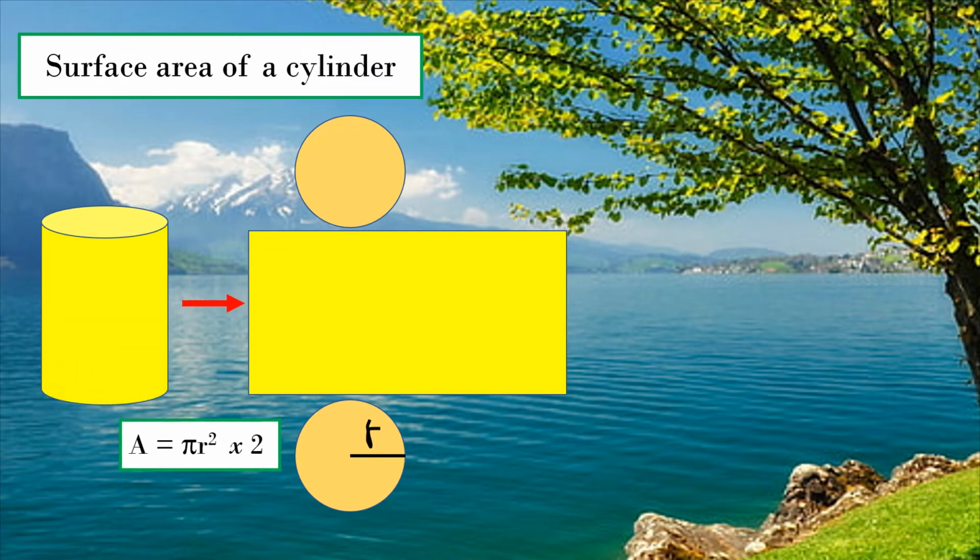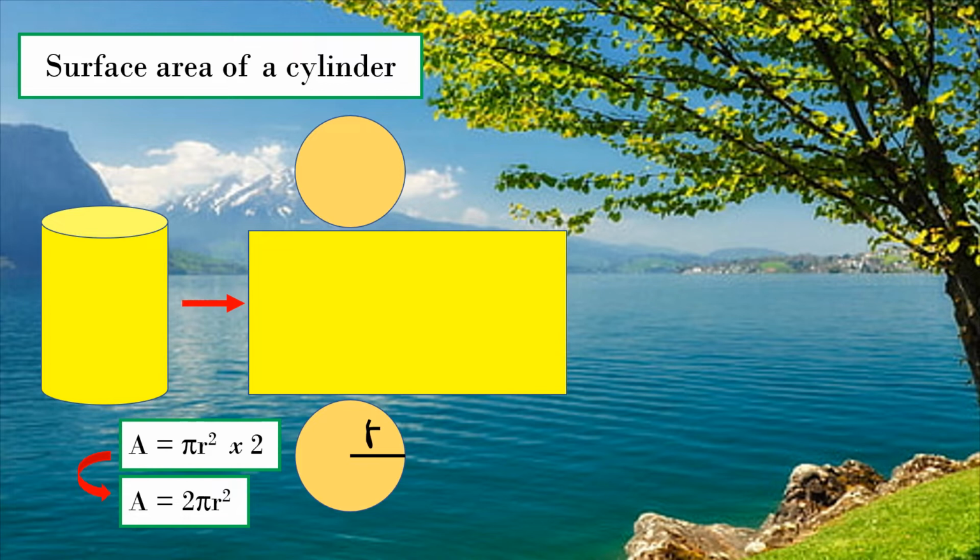So there you go. A is equal to pi r squared times 2. Simplify the formula. So A now is equal to 2 pi r squared. Okay, so that is the area of the two circles.